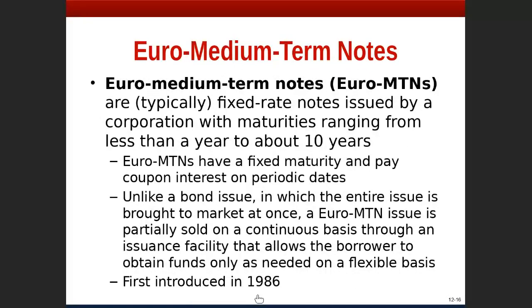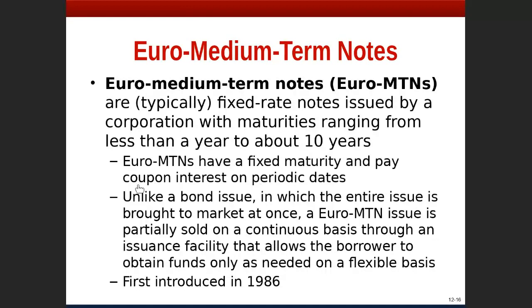Euro medium term notes. Euro medium term notes are typically fixed rate notes issued by a corporation with maturities ranging from less than a year to about 10 years. Euro medium-term notes have a fixed maturity and pay a coupon interest on periodic dates.